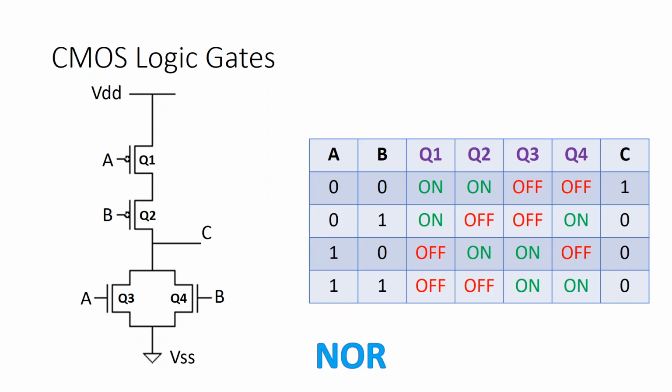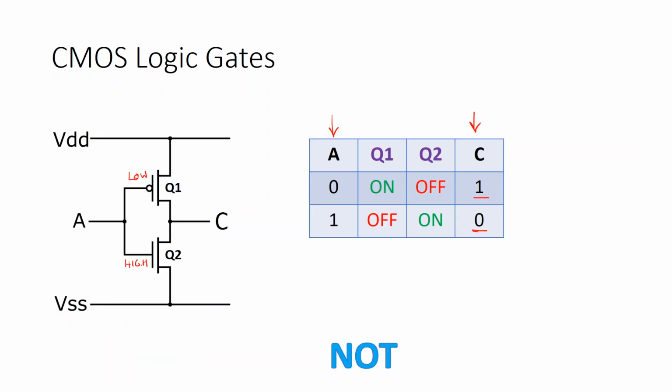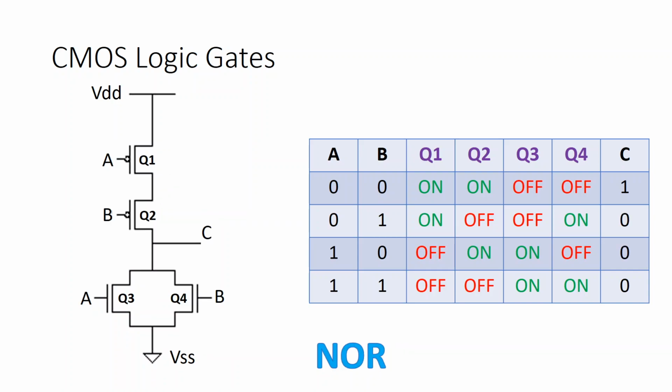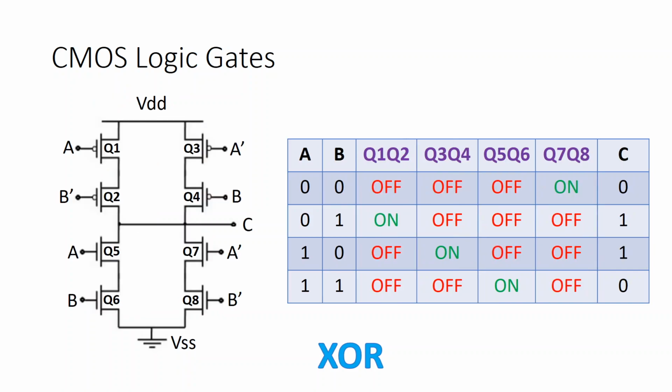So you simply connect this NOT gate at the output terminal of the NAND to get AND, and of the NOR to get OR. Similarly, if you want to get XNOR, you have to connect the NOT gate at this terminal. In that way you can do.